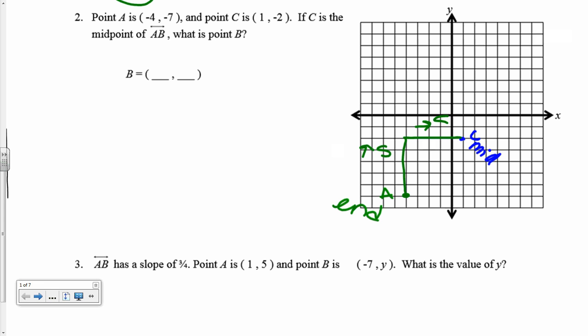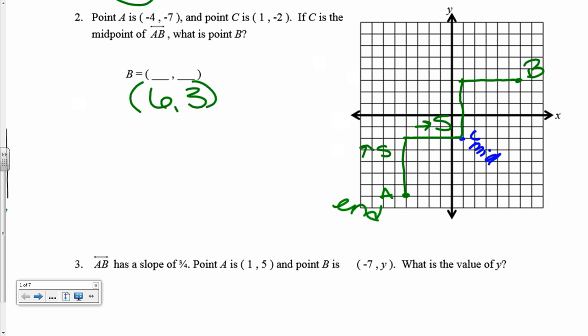So to get to my other endpoint, from C I want to go up 5, over 5. So here is point B, and that is the point 6, 3. Yes, so there's number 2.